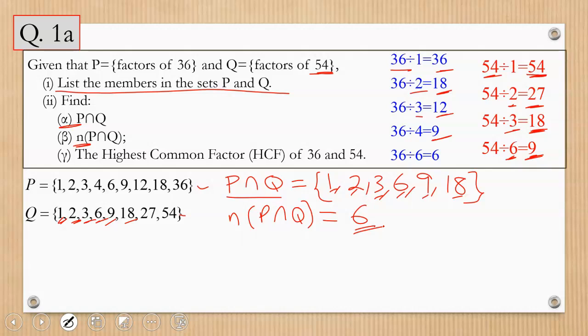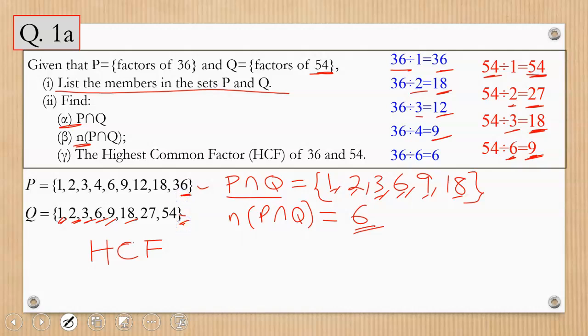Then the question wants us to find the highest common factor of 36 and 54. For the highest common factor, first of all, we need to find the common factors. What is common among these elements?